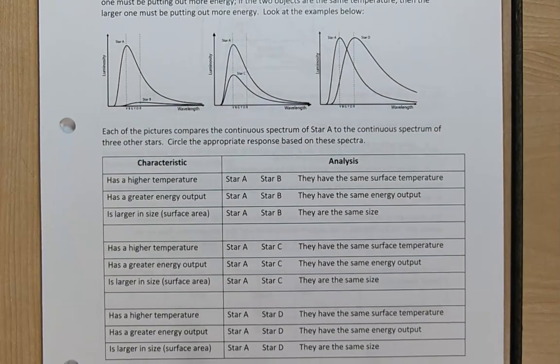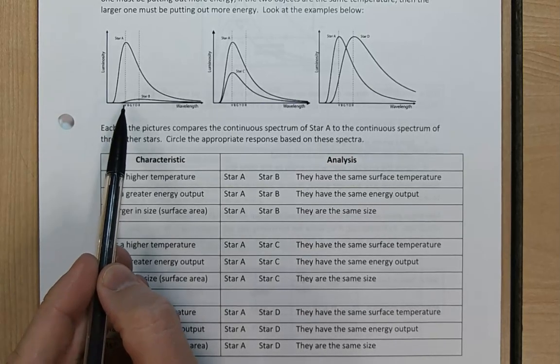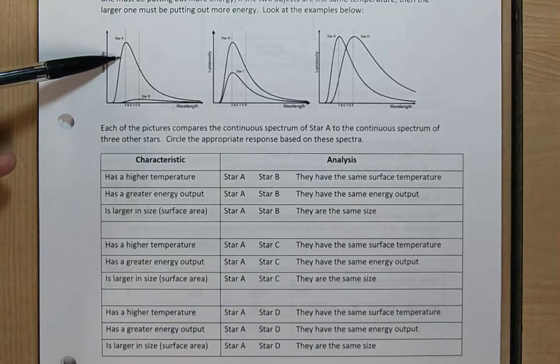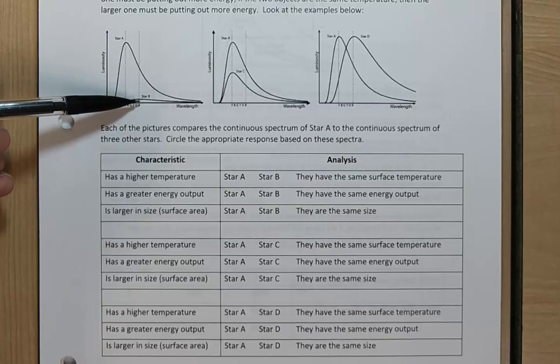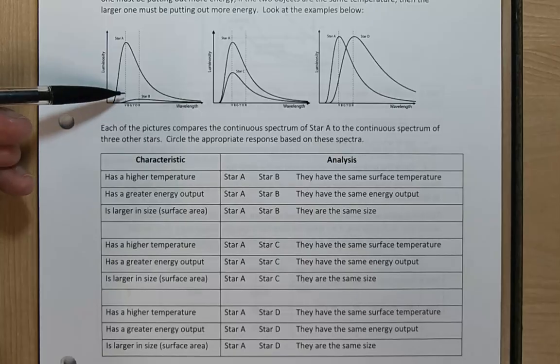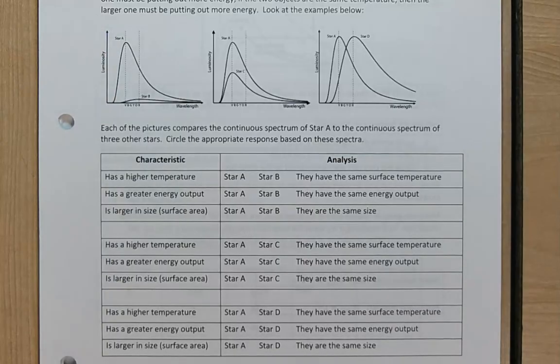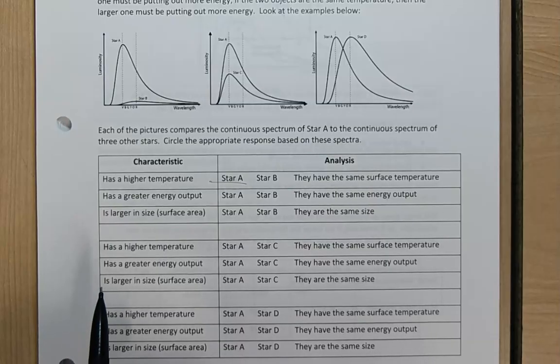All right, between star A and star B, which one has the higher temperature? Well, star A peaks in the violet, star B peaks in the red. So the star that peaks at the shorter, bluer wavelength must be the hotter star. So star A must be hotter than star B. Which one has the greater energy output?